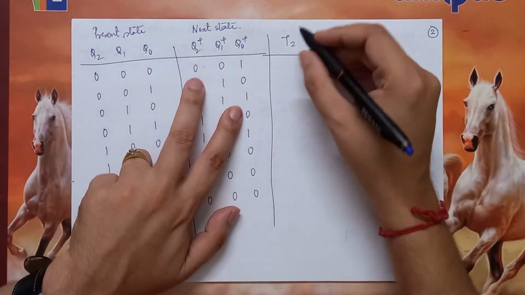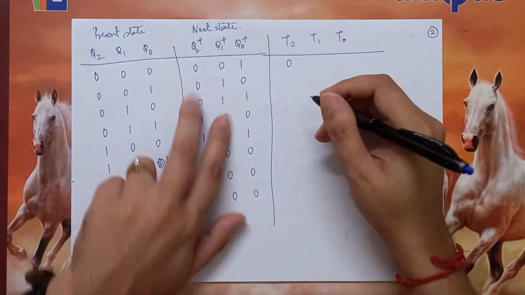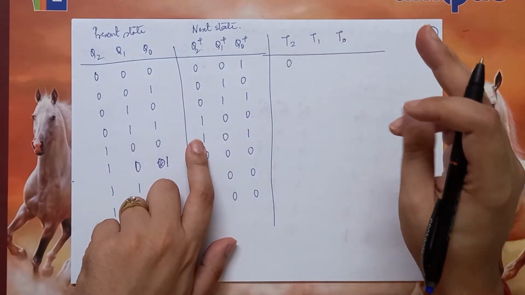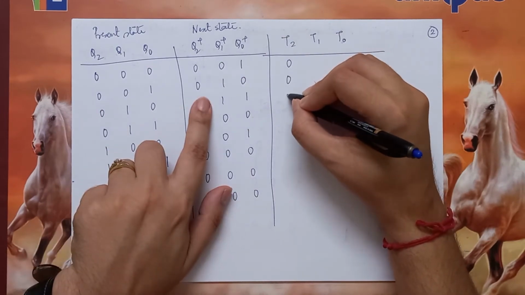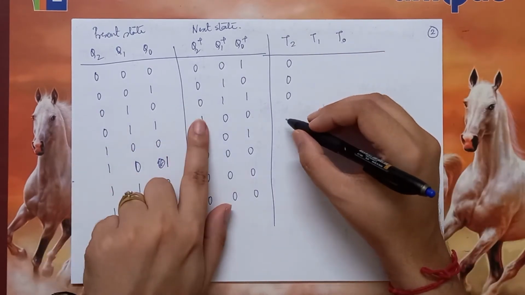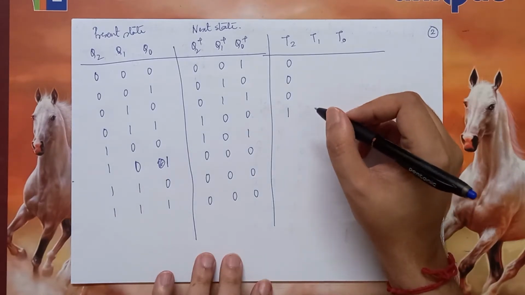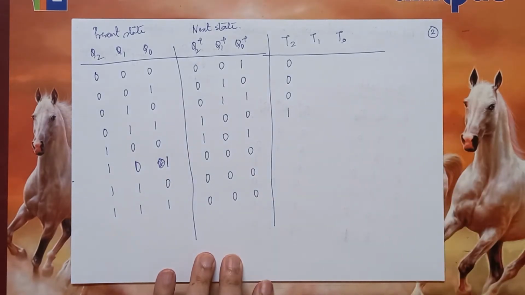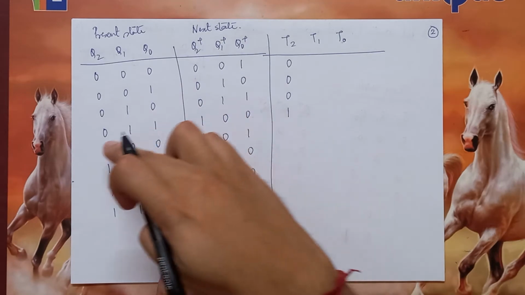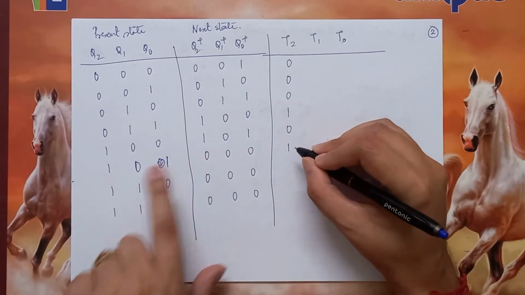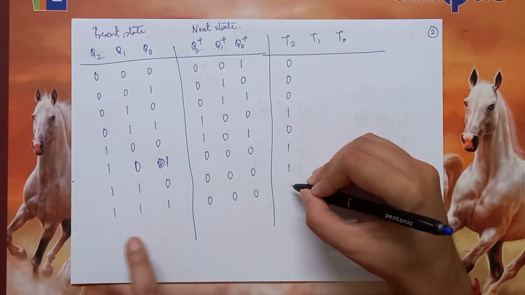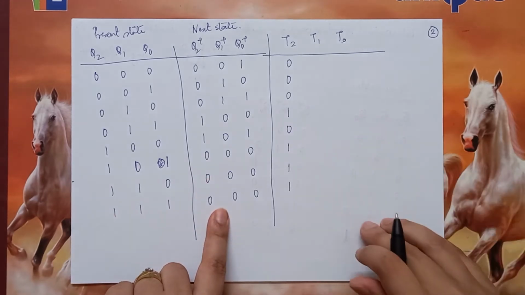So 0, 0 means the T2 required is 0. Again 0, 0, it is 0. Again 0, 0, it's 0. 0, 1, now it is 1. Then 1, 1 is again a 0. 1, 0 is a 1. 1, 0 is again a 1. 1, 0 is again a 1.